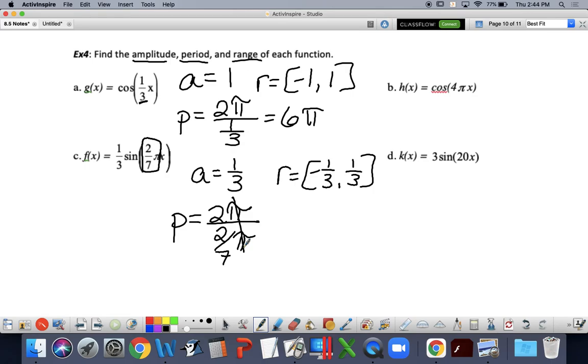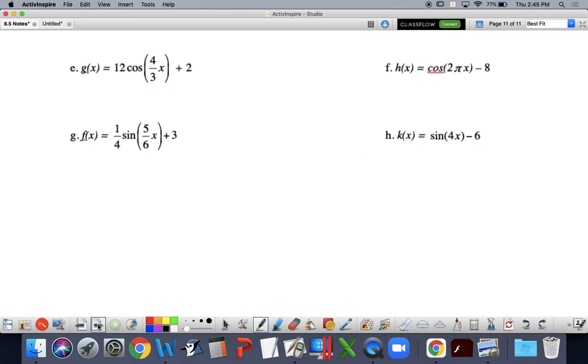And then we've got to do some fraction math. 2 times 7/2, 7. So in this case, the period value that I get does not have a pi in it. If we were looking at this on Desmos, we'd probably want to remove the step of pi over 2 and just use regular tick marks of 1 up through 7, so we can see that full cycle. Questions there?